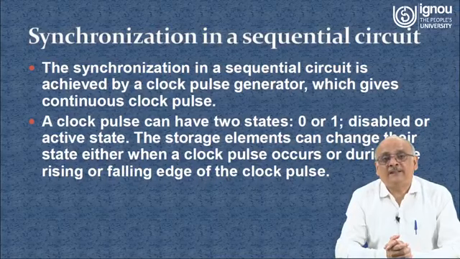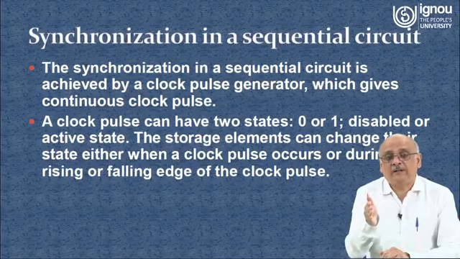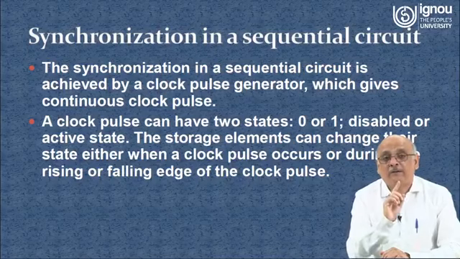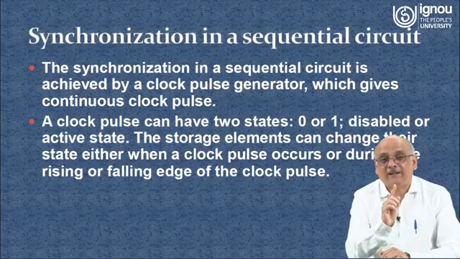Then synchronization in a sequential circuit. The synchronization in a sequential circuit is achieved by a clock pulse generator, which gives continuous clock pulses. So our continuous clock pulses will be generated just like ticks of a clock. Now remember, these ticks are discrete. They are not continuous. It's not an analog clock.